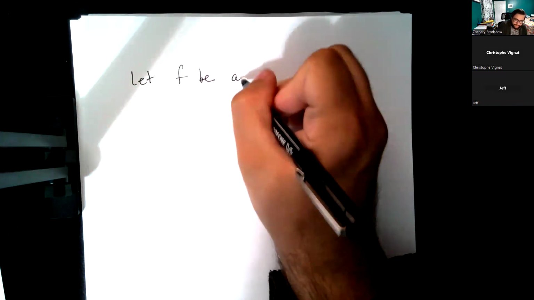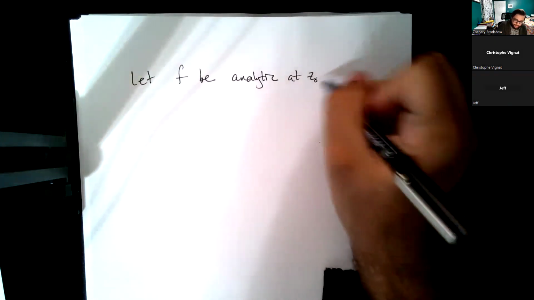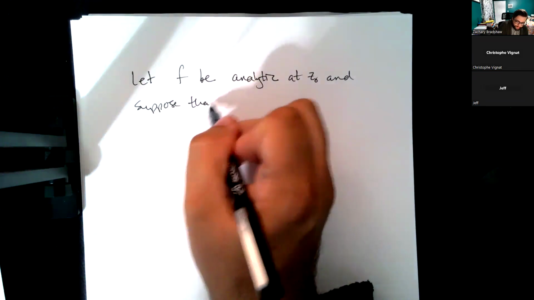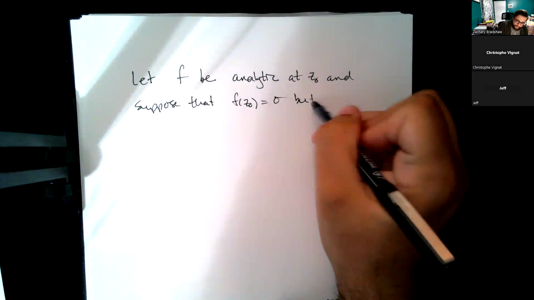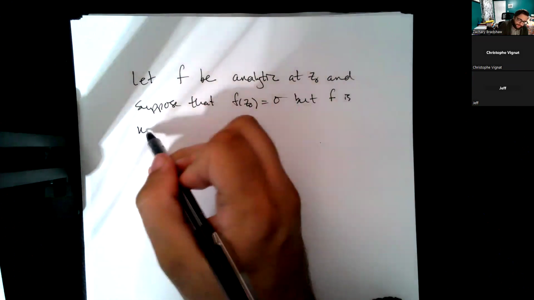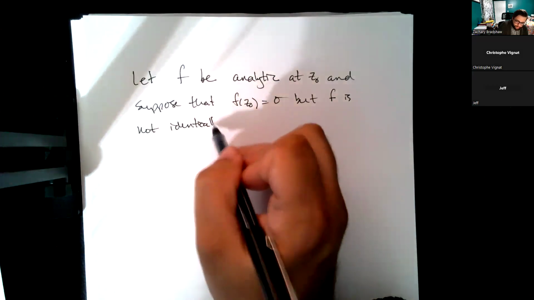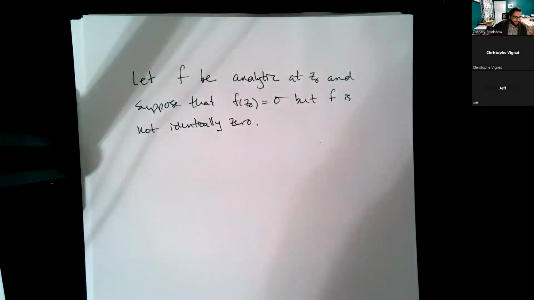All right, so let me get a little further here before we stop. Let f be analytic at z0, and suppose f of z0 is equal to 0. But f is not identically 0. So identically 0 just means that the function itself is not the 0 function.